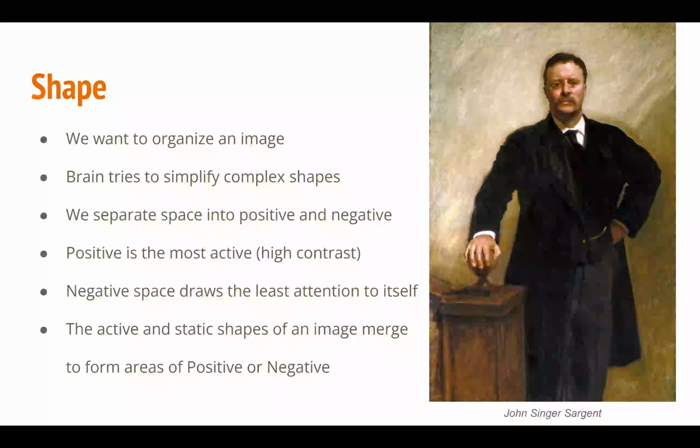We can separate our spaces into positive and negative, where positive is the found area, the high contrast and interesting area, the area with the most activity to it. And the negative space draws the least attention. That's where your eyes get lost. You don't really want to look there. Your eyes skip over it to go to the positive areas. So the active and static shapes of an image merge to form areas of positive or negative.